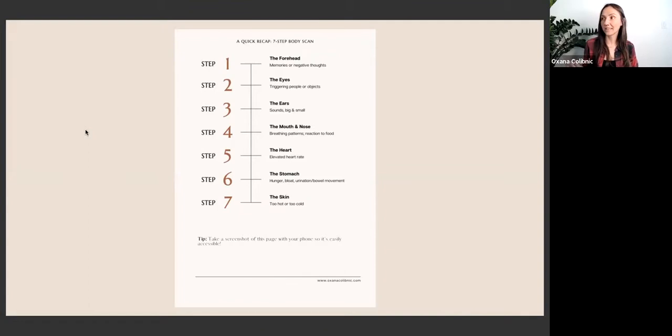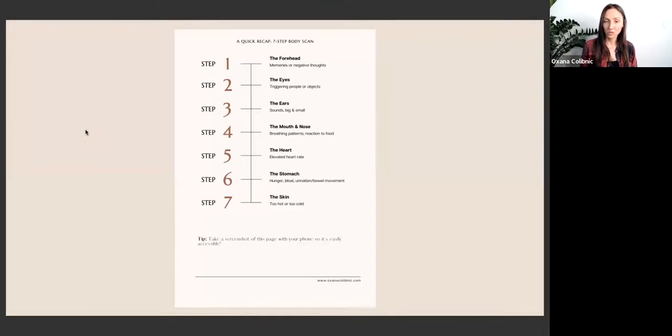Did you see something that reminded you of a trauma that you had before? Or someone who reminds you of a traumatic event? Also the ears means sounds. Are there any sounds, maybe a loud explosion, or maybe an ambulance, reminding you of a traumatic event?